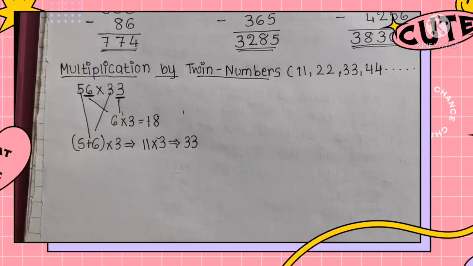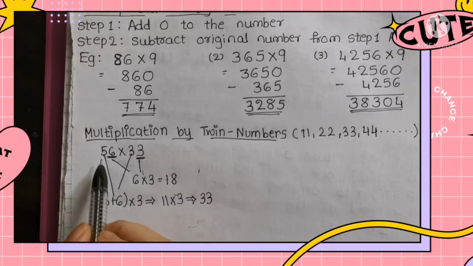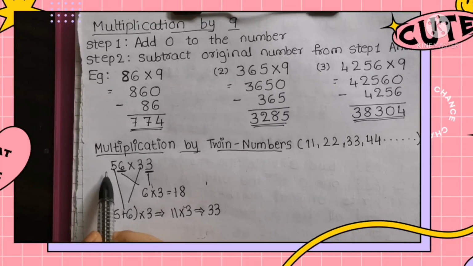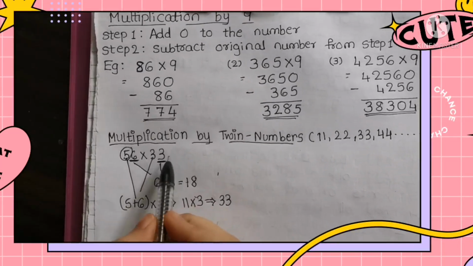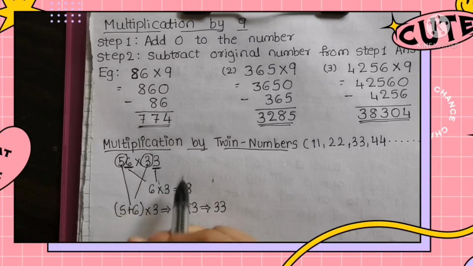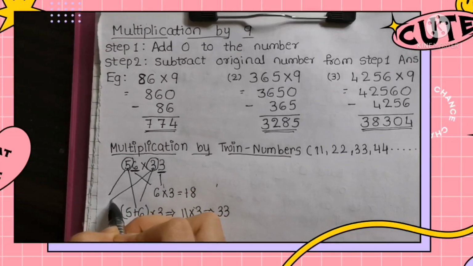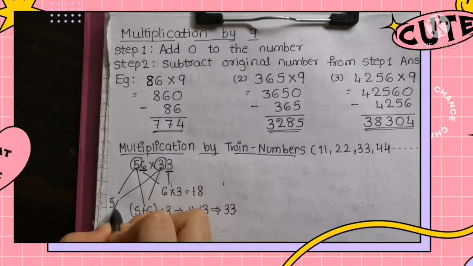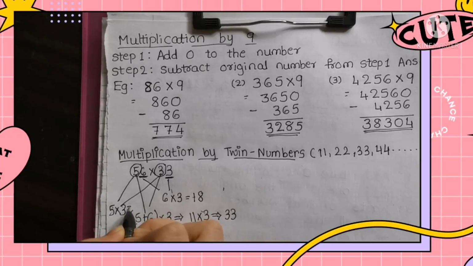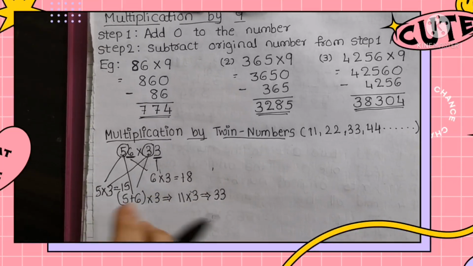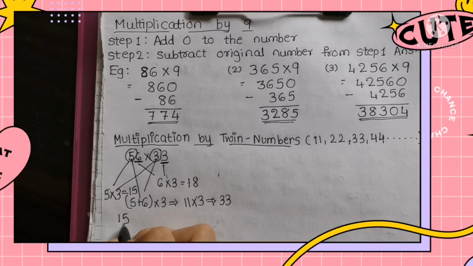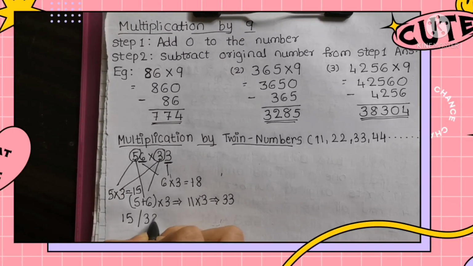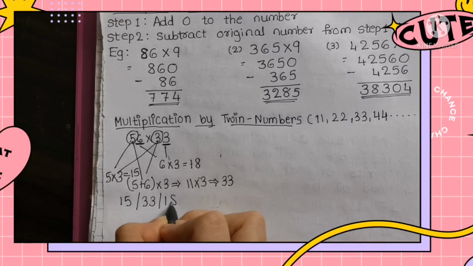Now our third step would be, we will multiply the tens place of 56, which is 5, to the tens place of 33, which is 3, which is 15. So we will write these three answers in a sequence like 15 slash 33 slash 18.